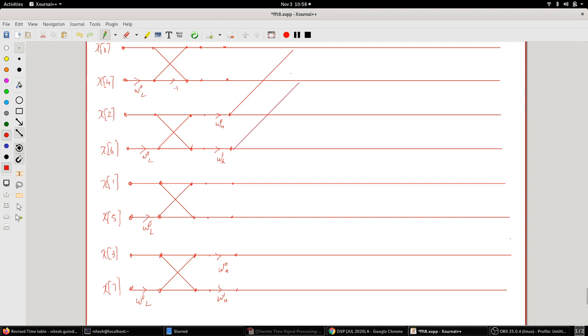This guy will be going here. So this is my 4 point done now. This will be -1, this will be -1, this will be -1, this will be -1. Okay, so get your arrows done.